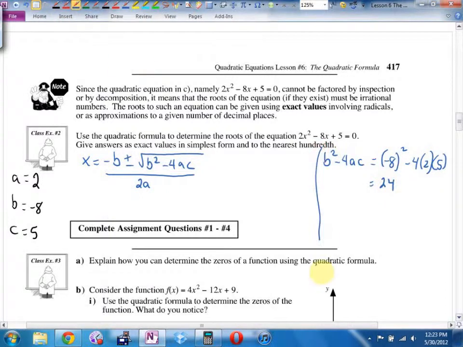Draw a little line over here. Let's go back to here. Jacob, can you read this to me? What was b? What's negative b? What's negative 8? Plus or minus means we're going to do this equation twice. Square root of what actually worked out inside the square root? 24.